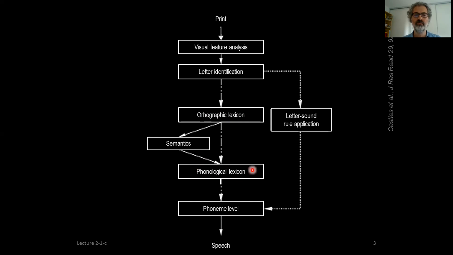And in order to read the word aloud, what we have to do is, by looking at a printed word, recognize the visual features, then identify the letters that are formed by these features, and simultaneously activate the words that are consistent with them. And then by direct links to the word's pronunciation, derive the corresponding phonological word forms, and then plan how to pronounce them as a series of phonemes and speak out the word aloud.